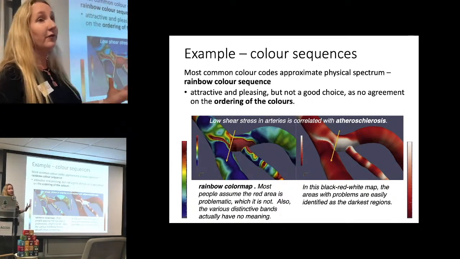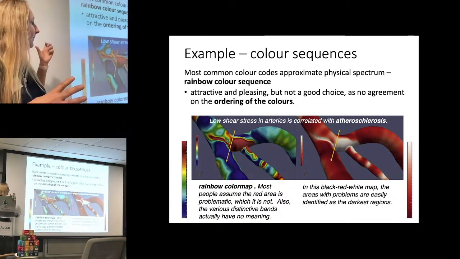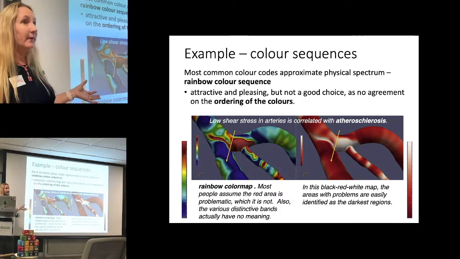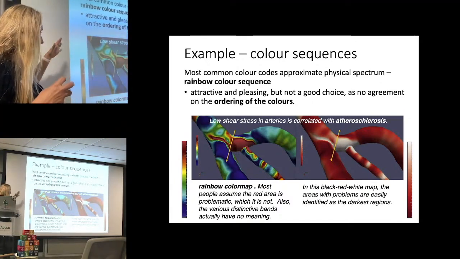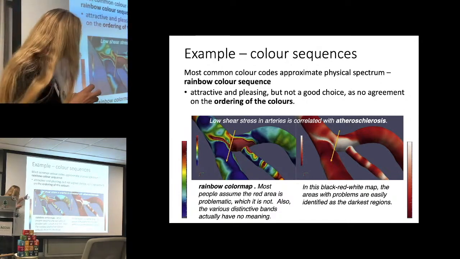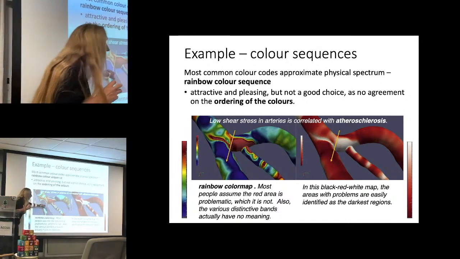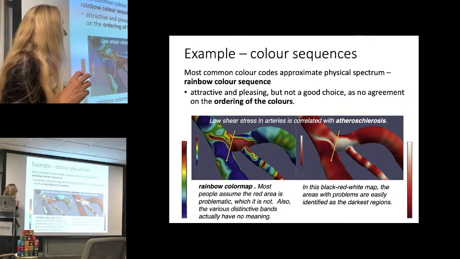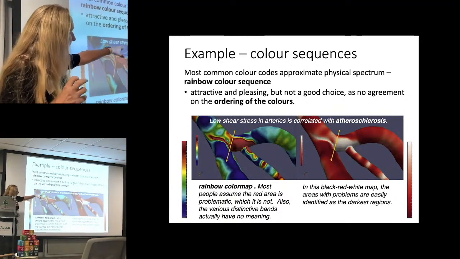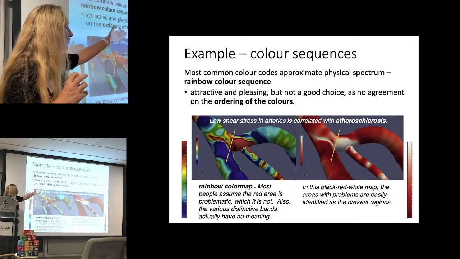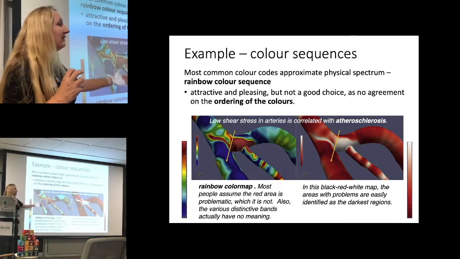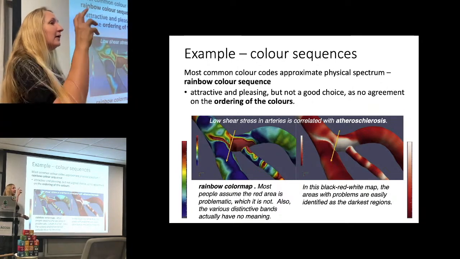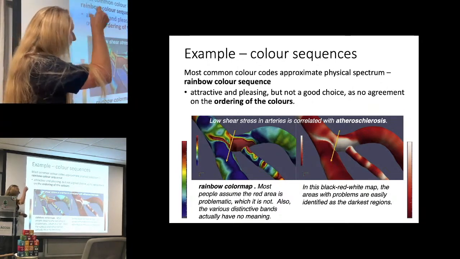It's the default for a lot of people, but it's not very effective because what they want to spot is the areas of high stress, which in this case the way they've done the color plotting is actually the blue. And it's much easier to spot in the other color mapping, which just goes from white through red to black. That's a much easier thing for us to understand because it feels like more.